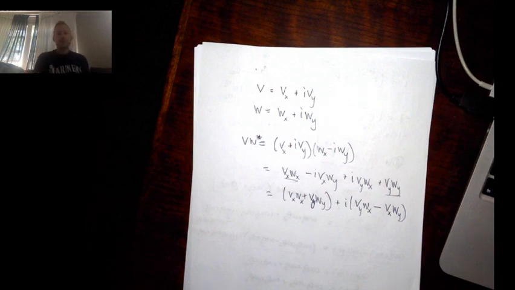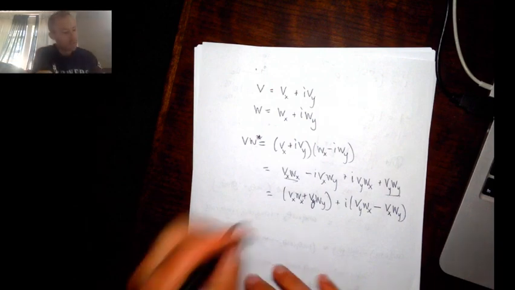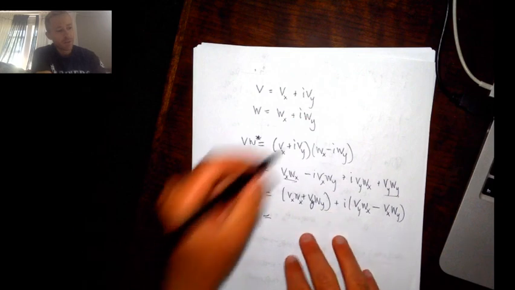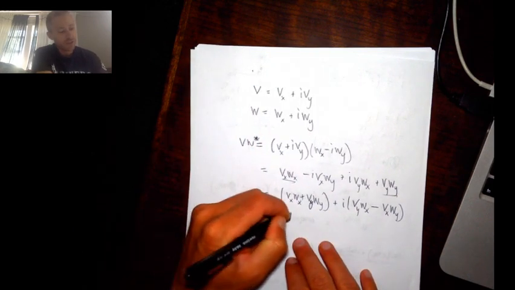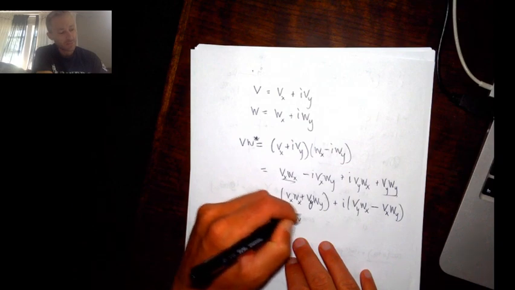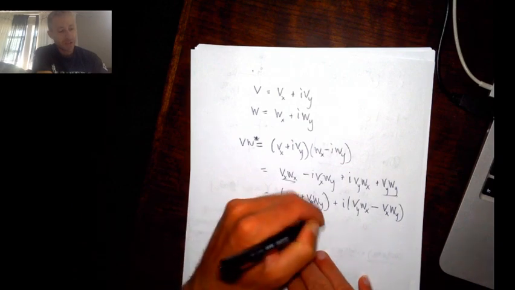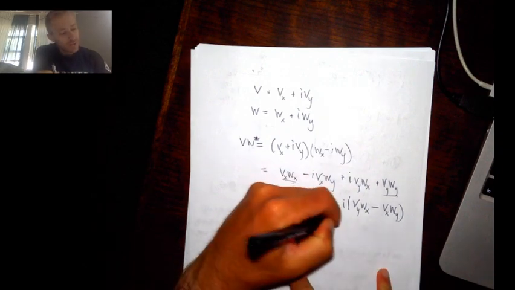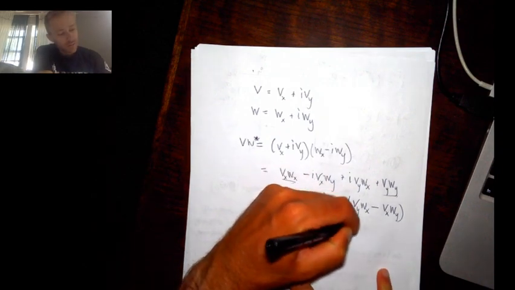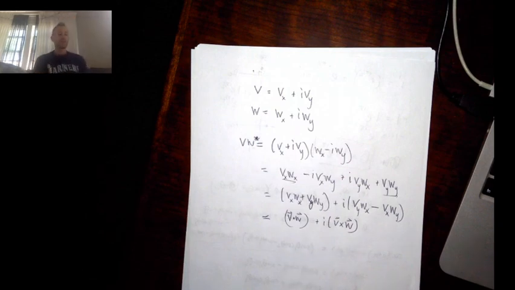All right. And so why is this interesting? Well, if we thought of these as vectors, this is actually v dot w, and this would be the cross product of the two. Okay, so this would be v cross w.